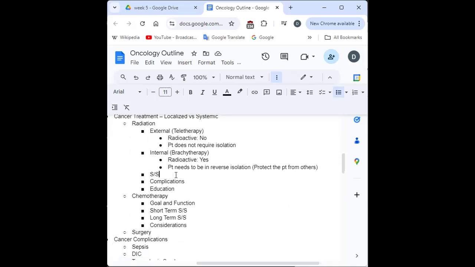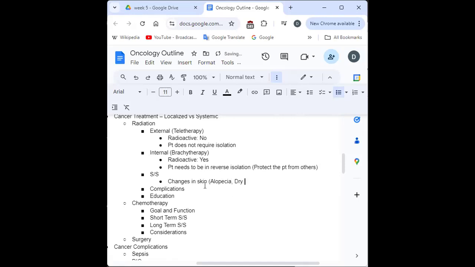All right. So what are the general signs and symptoms of radiation therapy? Fatigue. In the skin, you can have alopecia, which is your hair though, but yeah.